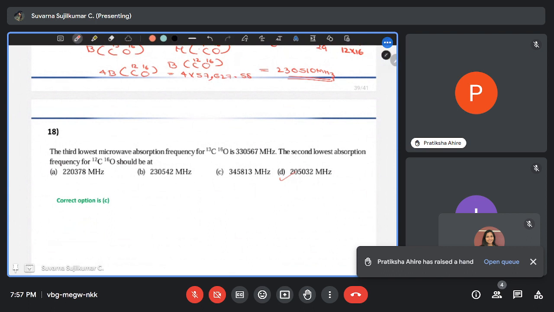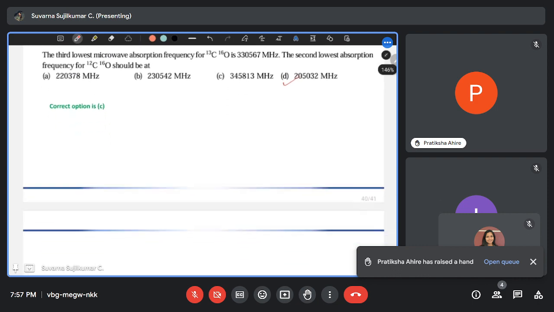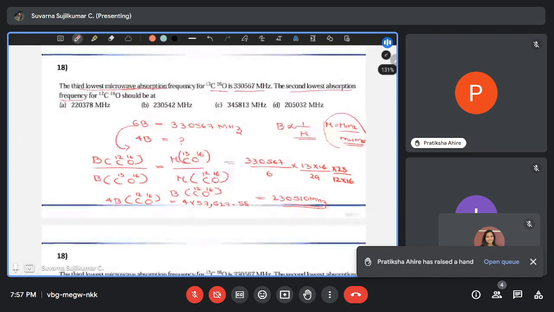There is a problem with the option, I guess. I hope you know how to approach the problem. I think there is a problem with the options. The answer is not in the options. It's okay. Sorry for that, I didn't check the options.